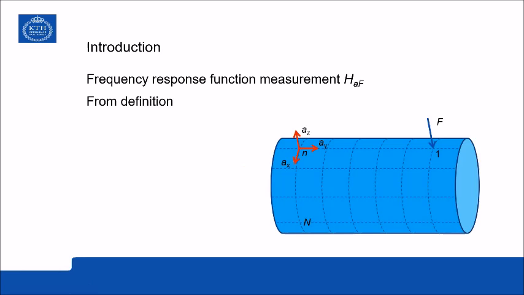So from the definition of the frequency response function, we know that the frequency response function is the ratio of the frequency spectrum of the acceleration over the force, exciting force. And note now that the sort of boundary condition is that all other forces except the one we use to excite the system should be equal to 0.